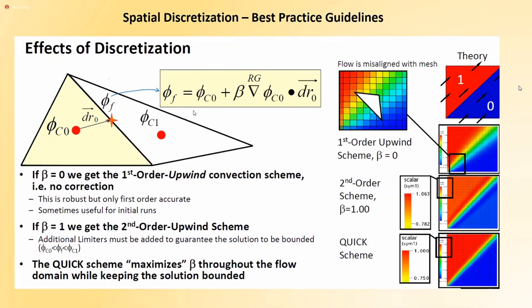Here you see it again, the effect of discretization. We saw it before. We usually start the simulation with first order upwind because it's a very dissipative scheme.